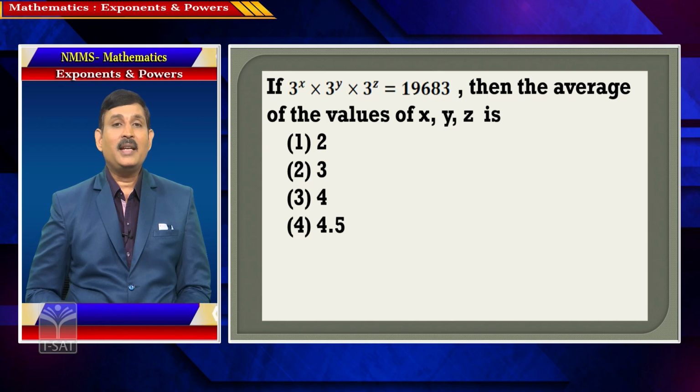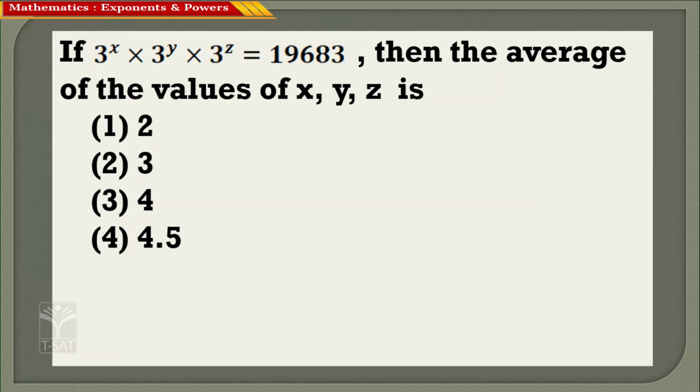3 power x into 3 power y into 3 power z is equal to 19683. Then find the average of the values of x, y, z. Here you can see that this is a problem where you are being tested on 2 different concepts. One is exponents and the other one is average, from statistics.